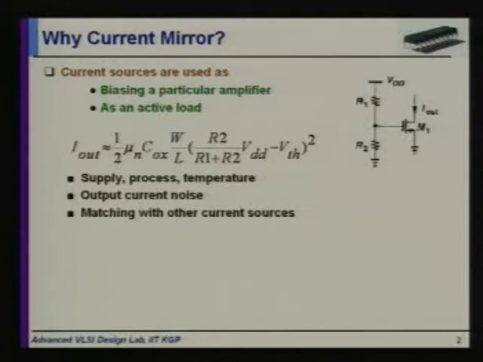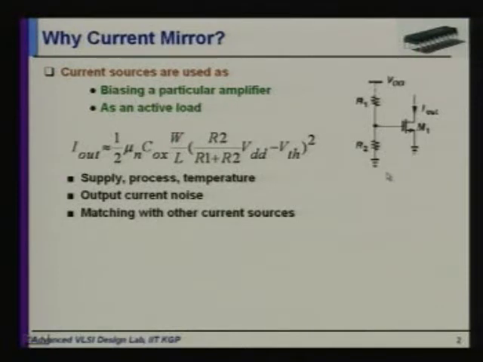Now see the right side image, the circuit diagram where the gate voltage is constant, because it is taken from a potential divider, that is R2 by R1 plus R2 into VDD.